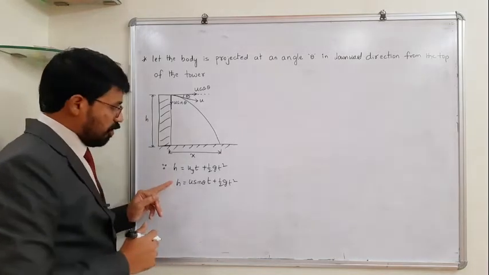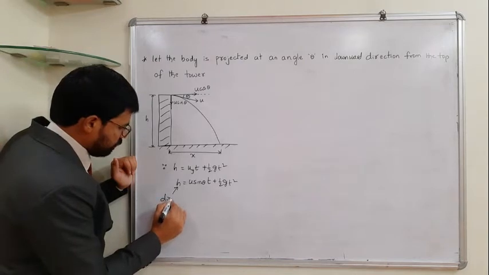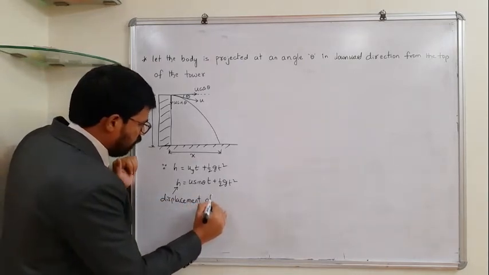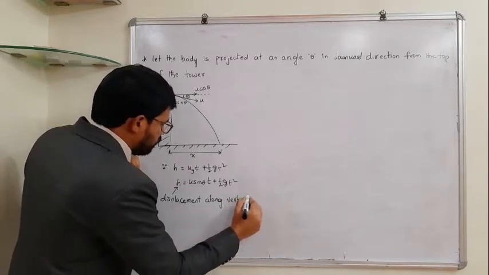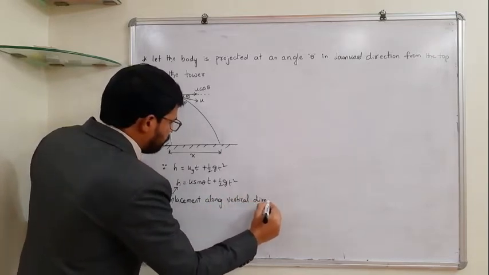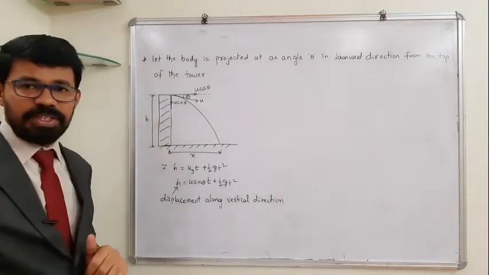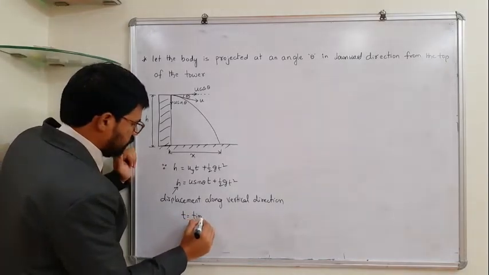Okay, this is the vertical displacement, the displacement along the vertical direction. And if you simplify this equation, you will get the time of flight, where t is the time of flight.